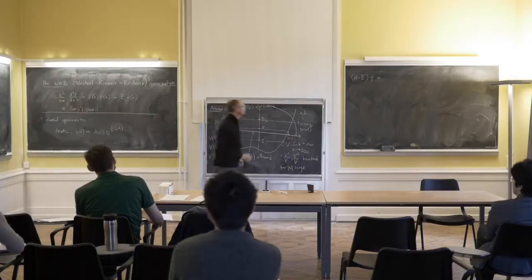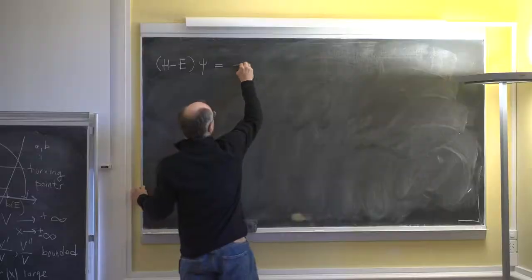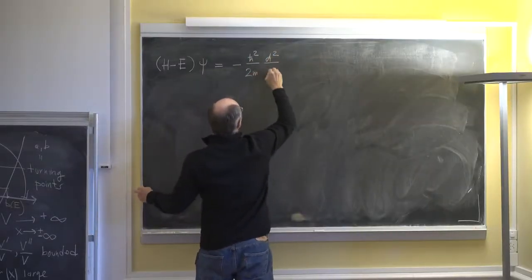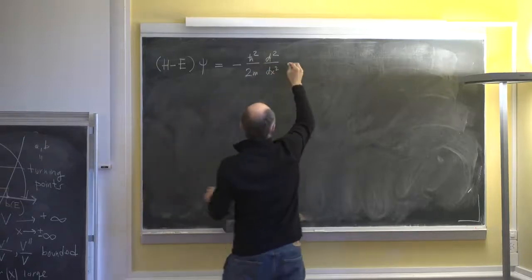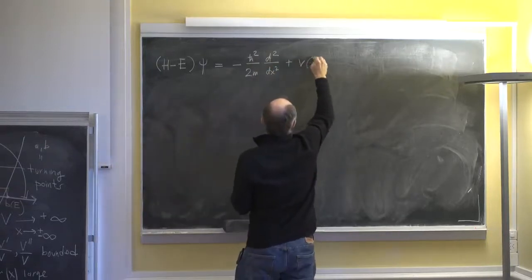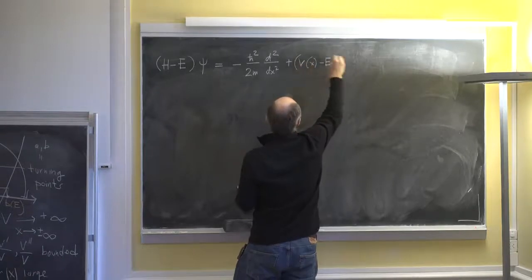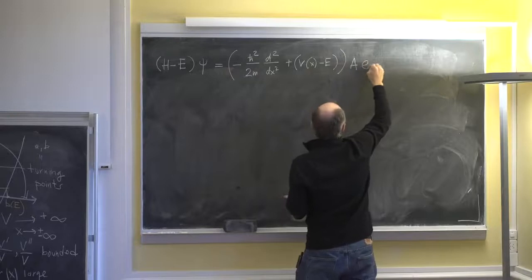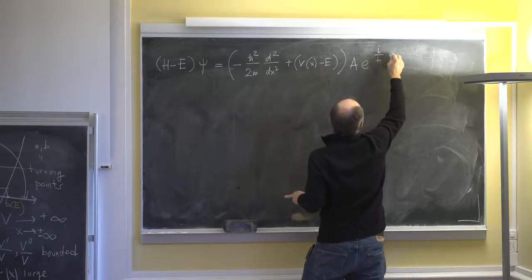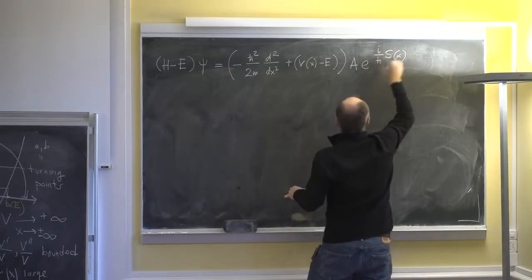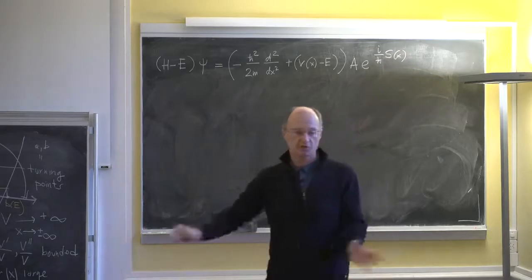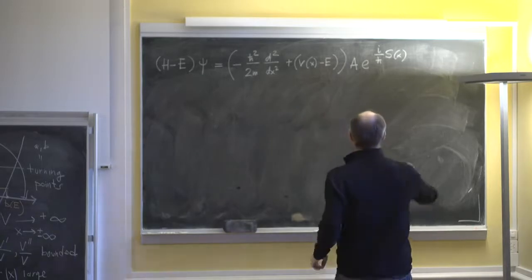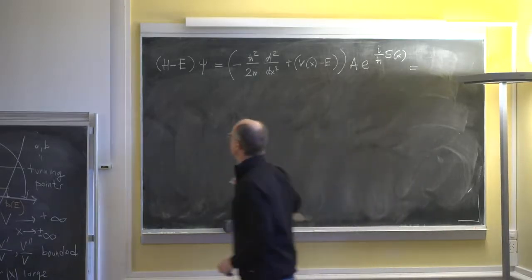So this is equal to minus h bar squared over 2m d2 over dx2 plus V of x minus E, and this is applied to this function. At the moment A and S are completely arbitrary. S is real. That's the only condition.